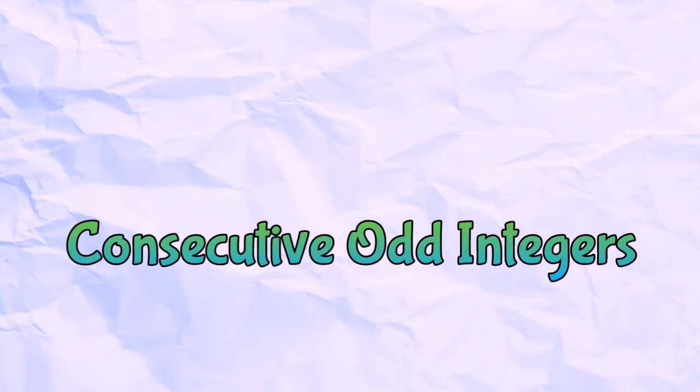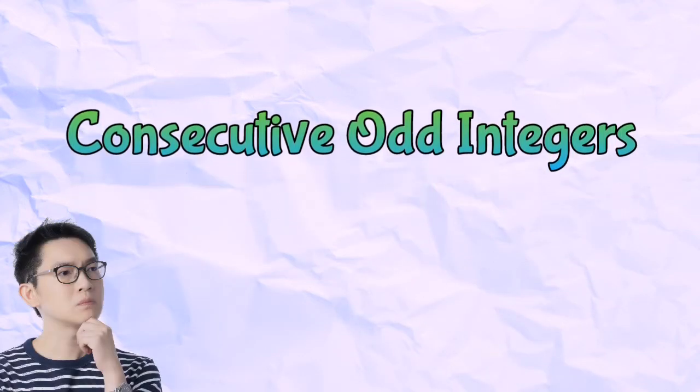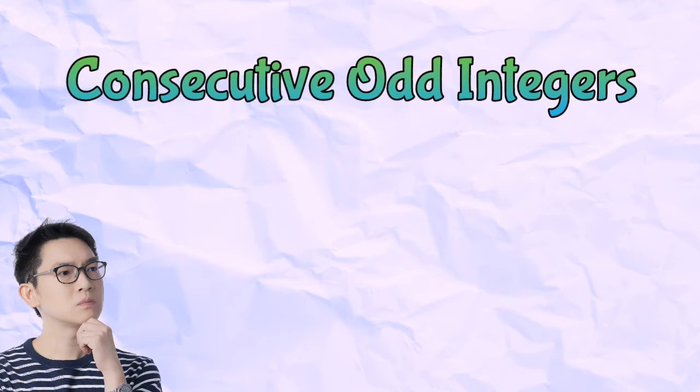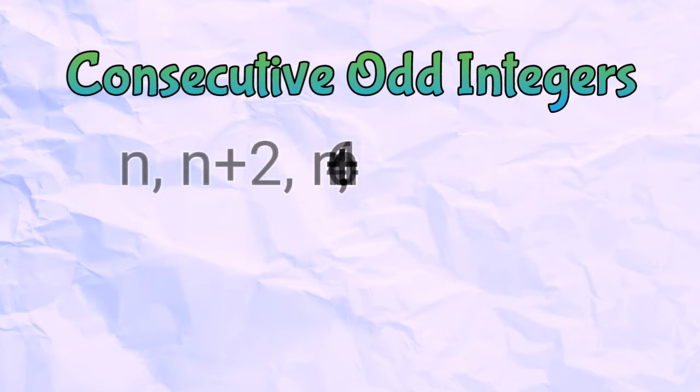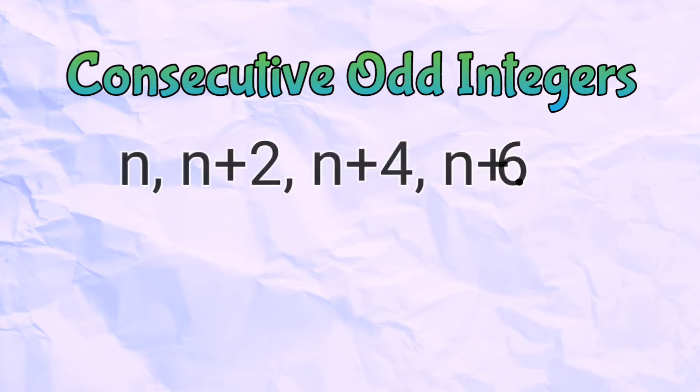And for consecutive odd integers, while it may seem counterintuitive, it's the same as even integers. We'll let n be the smallest odd integer, and then the next odd integer is n plus 2, then n plus 4, n plus 6, and so on.